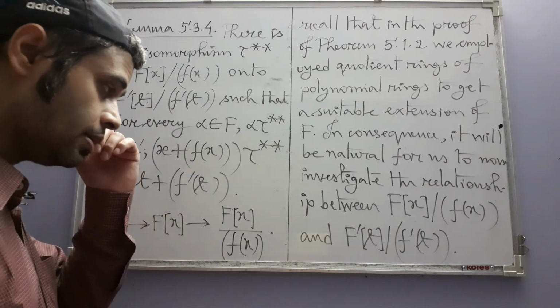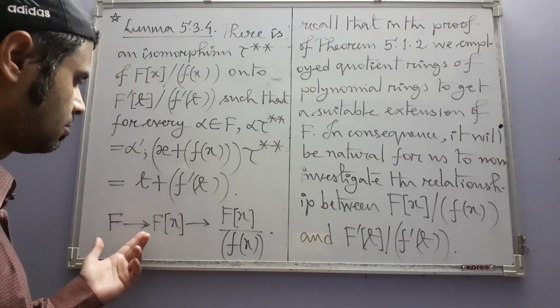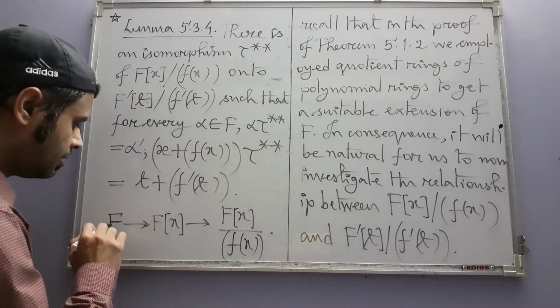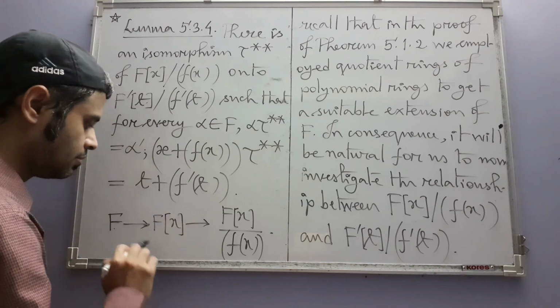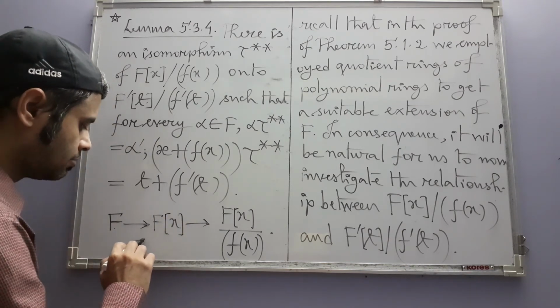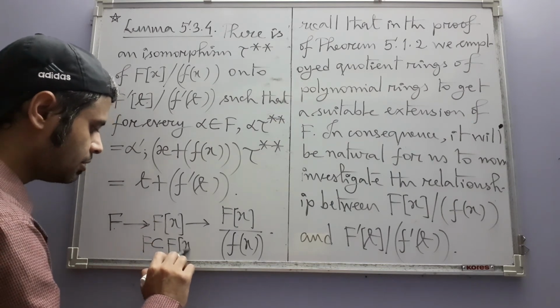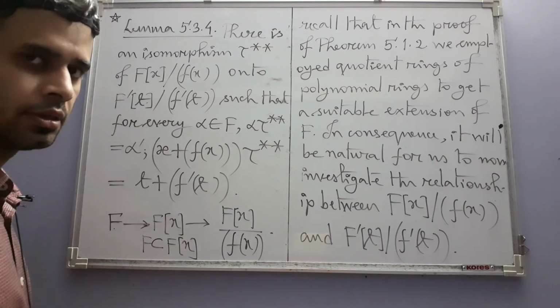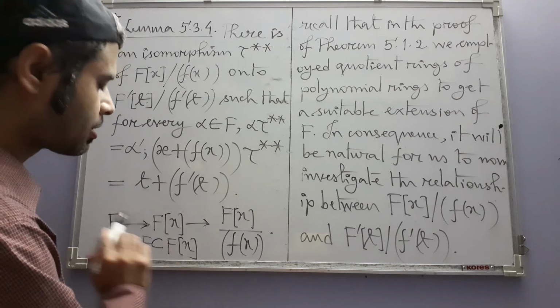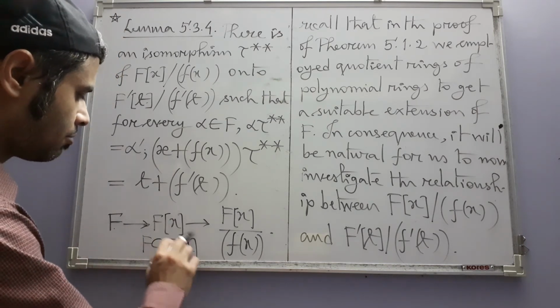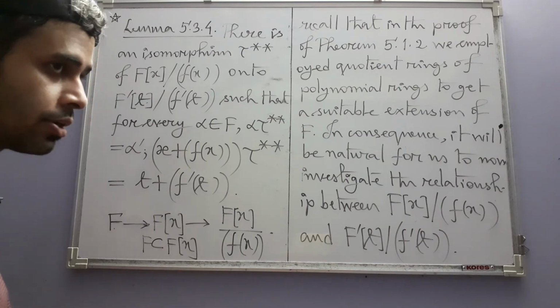Now in these two transitions, here of course we can embed F into this ring, and in that sense you can in fact consider F itself to be a subset of F[x]. Actually, strictly speaking, F is not a subset of F[x]. The elements in F are field elements, whereas the elements in F[x] are polynomials.